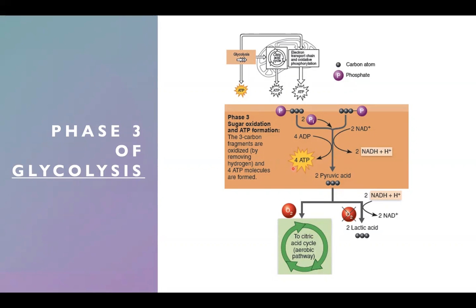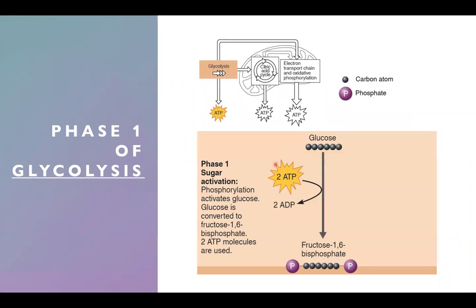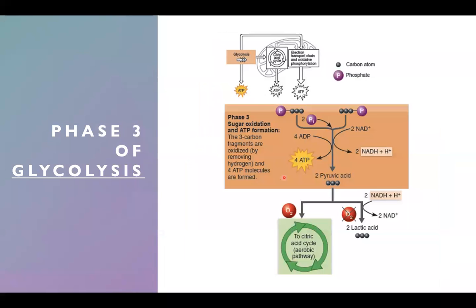One of your application questions has to do with the net ATP that's formed from glycolysis. We form 4 ATP from glycolysis, but remember we had to start with 2 at the beginning of phase 1. So the net ATP that we're actually forming is only 2, because we had to start with 2 and we get 4 out at the end.